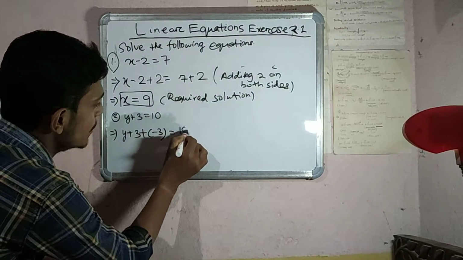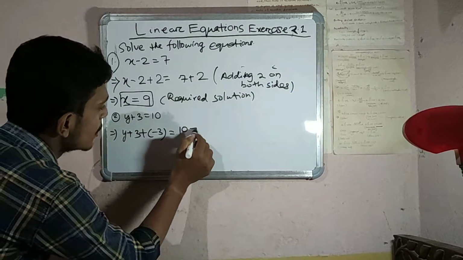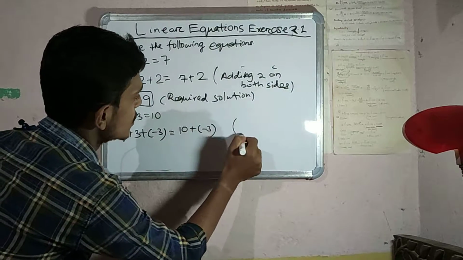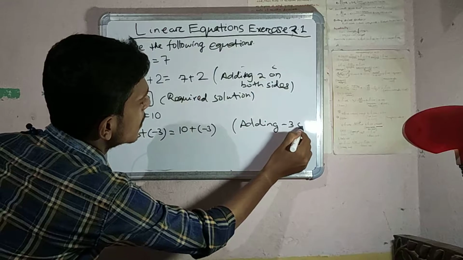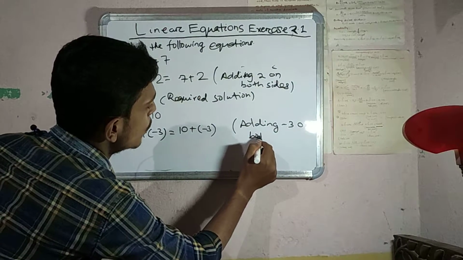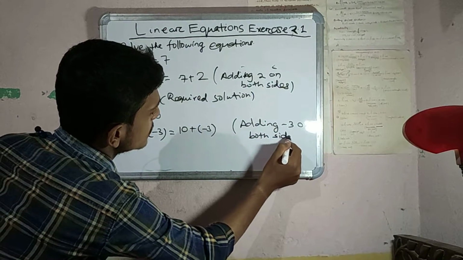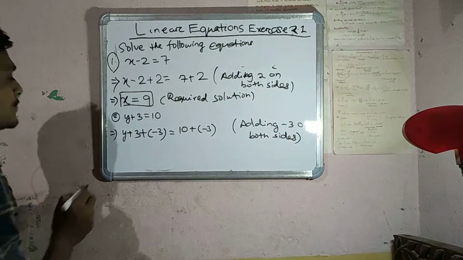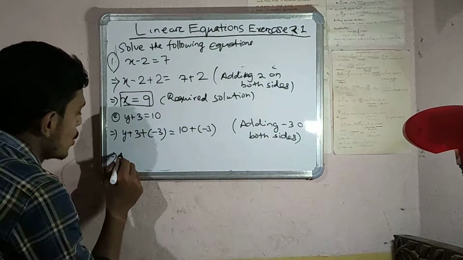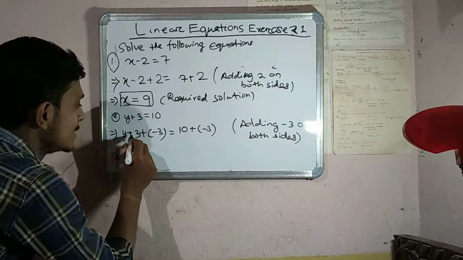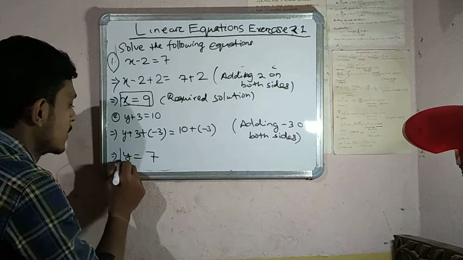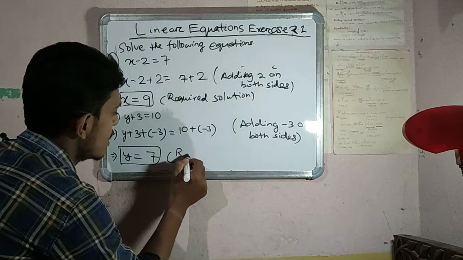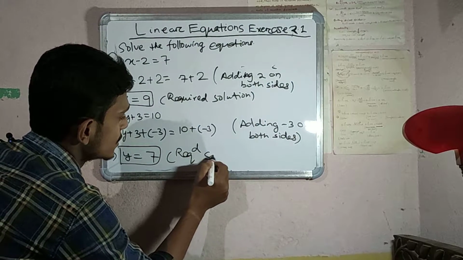If we add on the left hand side, then we also add on the right hand side. So I can write adding minus 3 on both sides. Then this cancels, so y is equal to 7. Okay, this is the required solution.